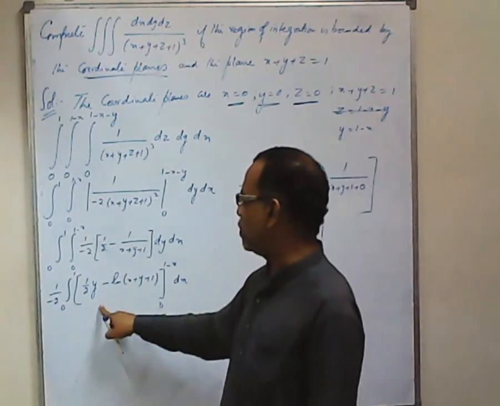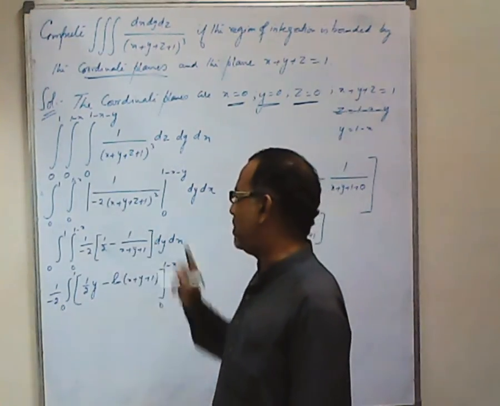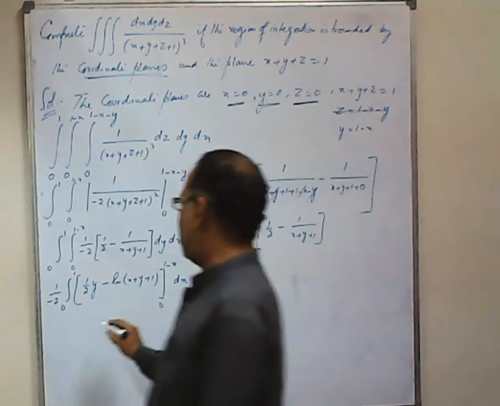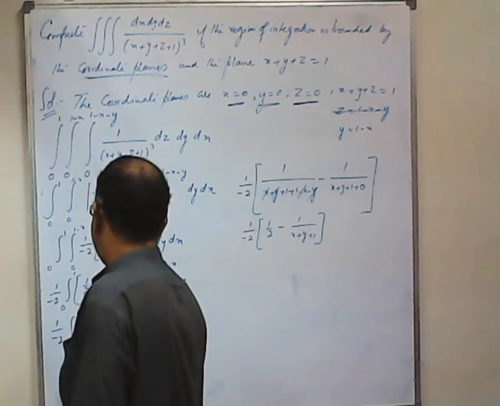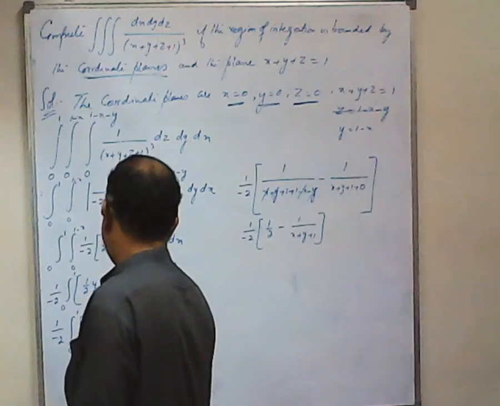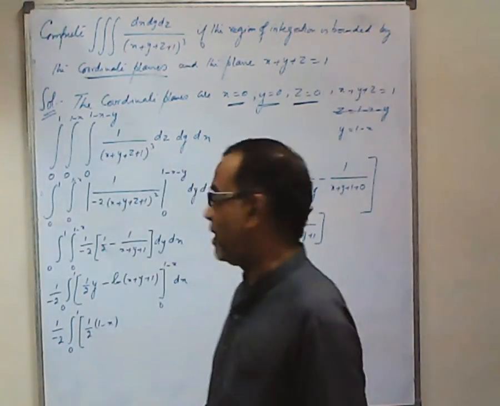Because this is constant, so y, and the derivative of x plus y plus 1 is 1, which is in the numerator. So now substituting the limits, 1 upon minus 2, 0 to 1, so half, this is 1 minus x, upper minus lower.